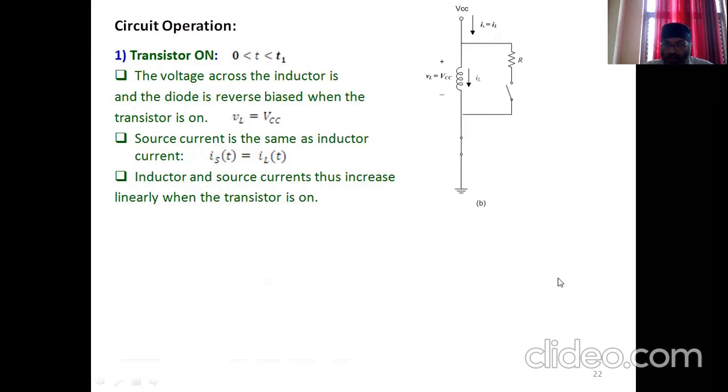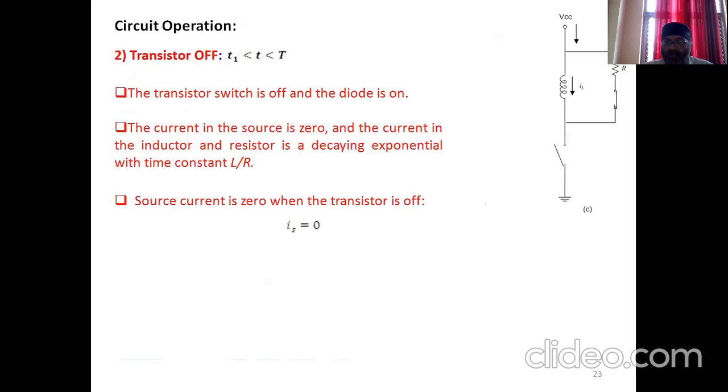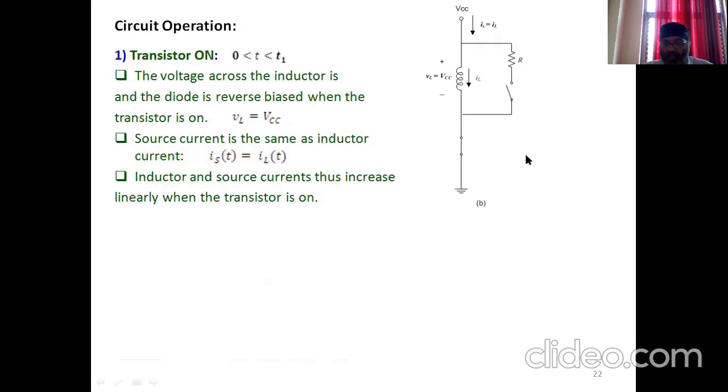What happens when the transistor is off? When the transistor gets off, the energy stored inside the inductor, which was built up slowly in the previous cycle when the transistor was switched on, keeps the current flowing. The current flowing in the inductor is the same as the current from the supply.